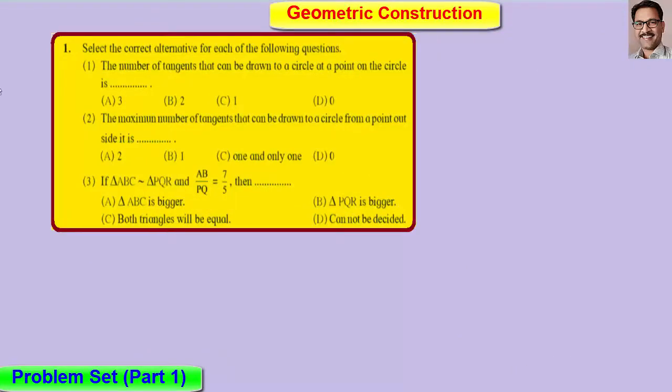Friends, here in the problem set of geometric construction, first sum. Select the correct alternative for each of the following questions. There are 3 sums here. Look friends, the number of tangents that can be drawn to a circle at a point on the circle is, means look here, I'll draw one circle here.